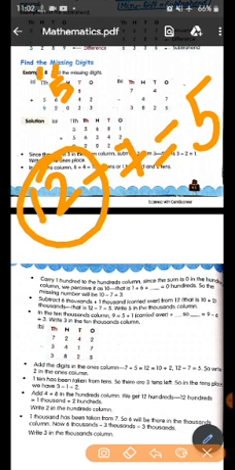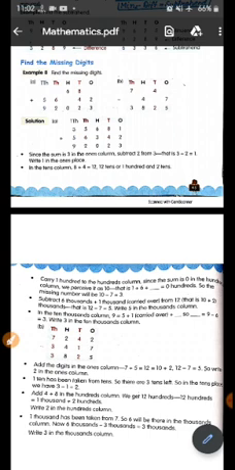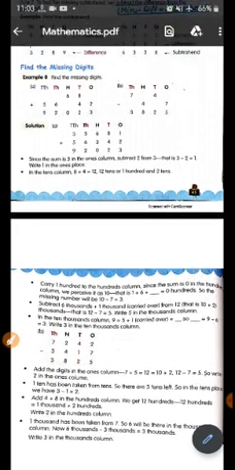Again 1 is the carry to the 10,000 place. 1 plus 5 is 6, and 6 plus the missing number gives us 9. So 9 minus 6 is equal to 3. On the vacant place of 10,000 we will write 3. Like this we will find the numbers.